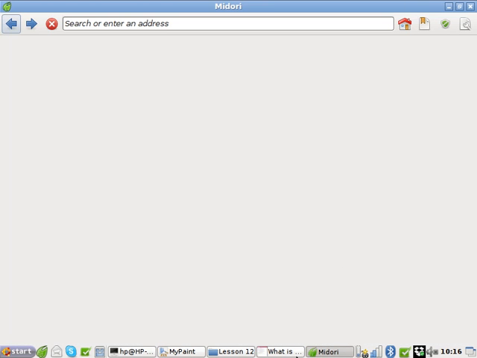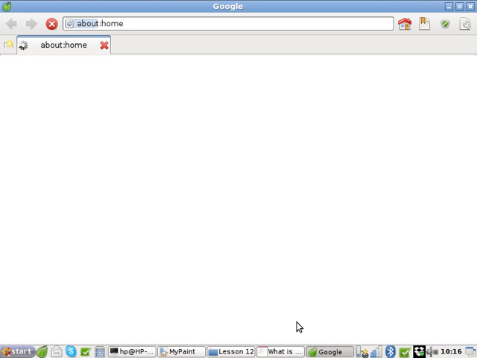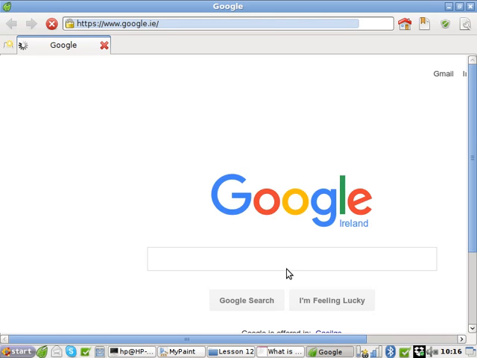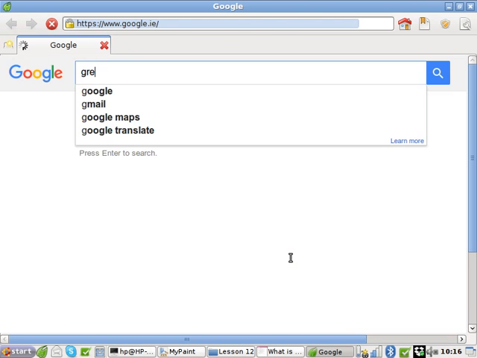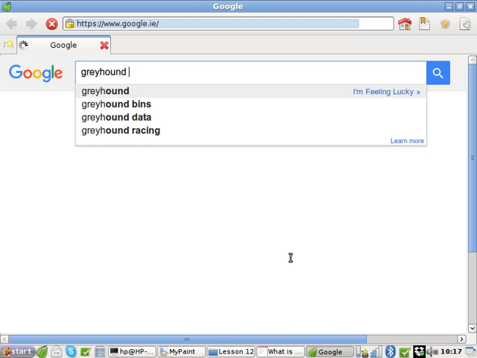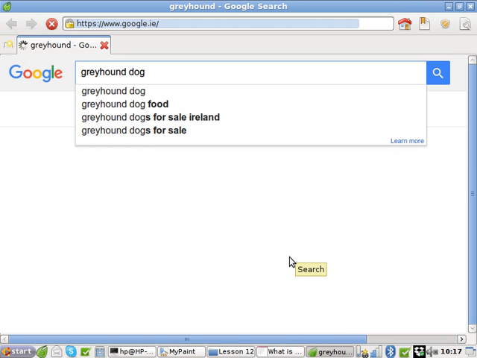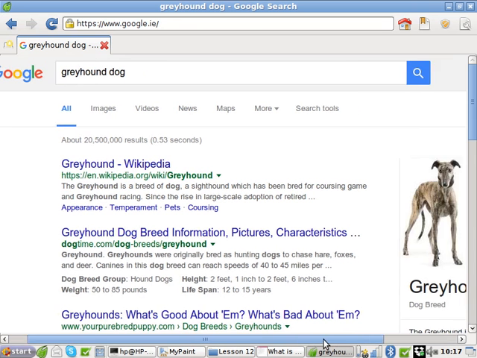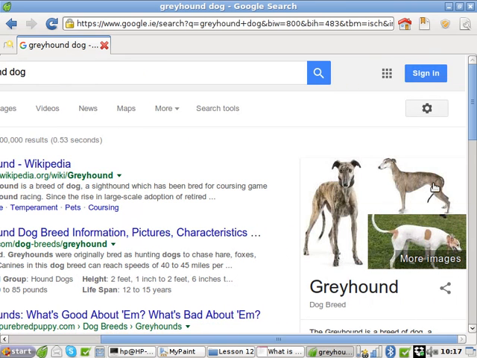Right, I'll just show you a greyhound. I'm sure you know it when you see it. It's a famous type of dog. Greyhound dog. You know this type of dog? Oh, there's a lot here, yeah.